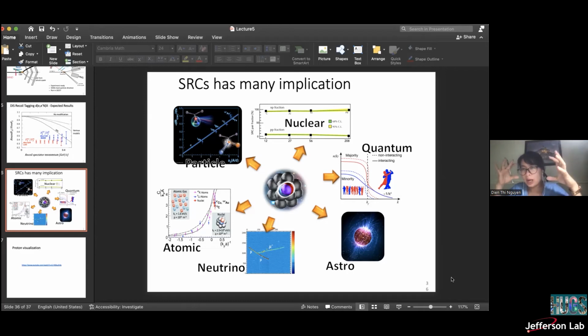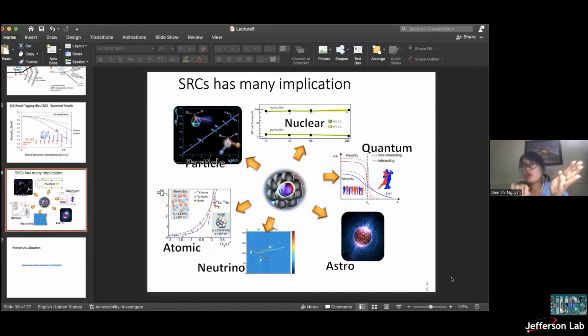So all of that behavior will affect the momentum and energy distribution in the neutron star. It will change that distribution. And that distribution goes into the equation of state in order to calculate the other properties of the neutron star, right? Because it is like the input for all other calculations.